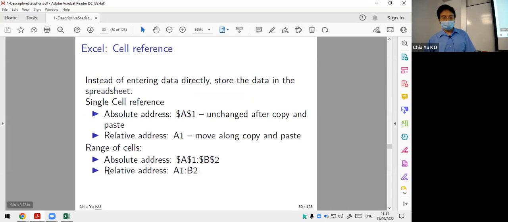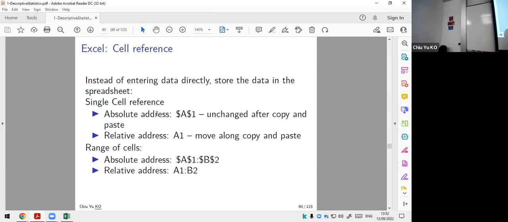And you need to know what we call absolute address and relative address. That will be one of the key things that differentiate a basic user from a more intermediate user: the use of the dollar sign. Every single cell is represented by a letter and a number, and you can put a dollar sign before them, like dollar A1, or not.